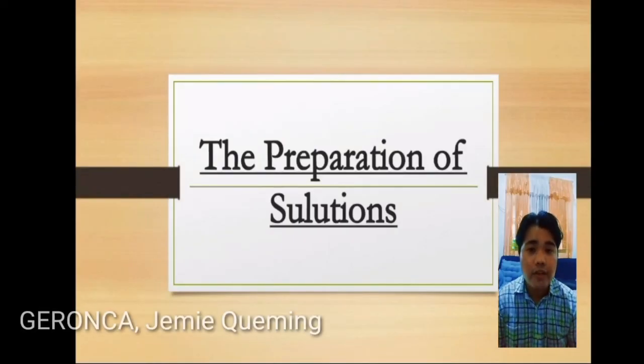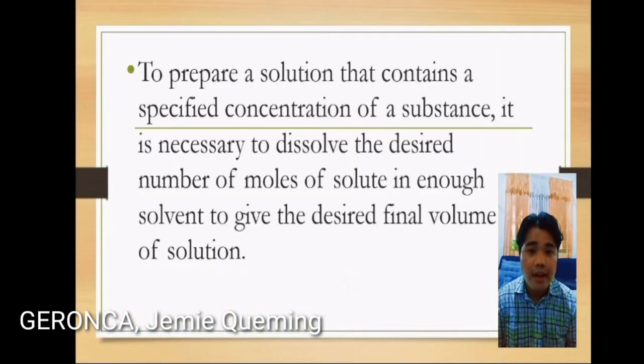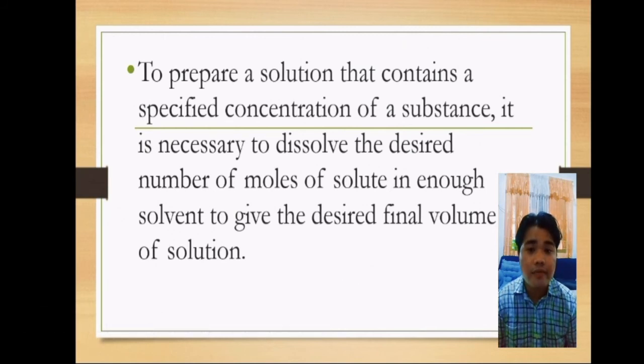The preparation of a solution. To prepare a solution that contains a specified concentration of a substance, it is necessary to dissolve the desired number of moles of solute in enough solvent to give the desired final volume of solution. Illustrate this procedure for a solution of cobalt(II) chloride dihydrate in ethanol. Take note that the volume of the solvent is not specified.